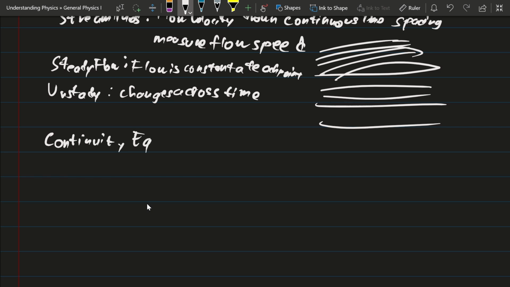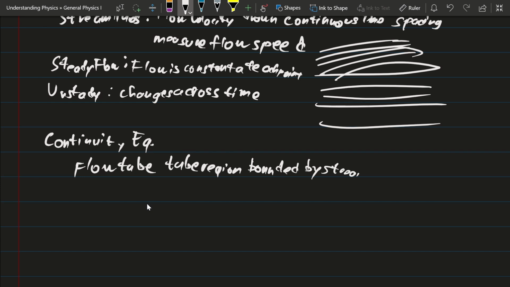We first define a flow tube. A flow tube is a tube region that is bounded by streamlines, and the ends are at right angles to the flow.